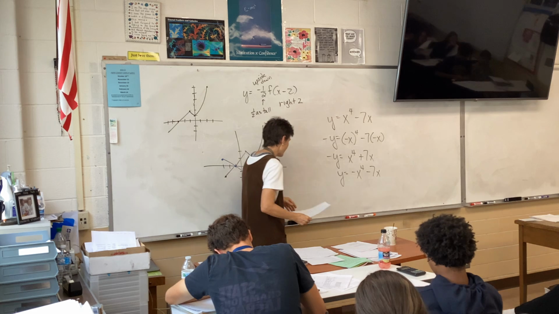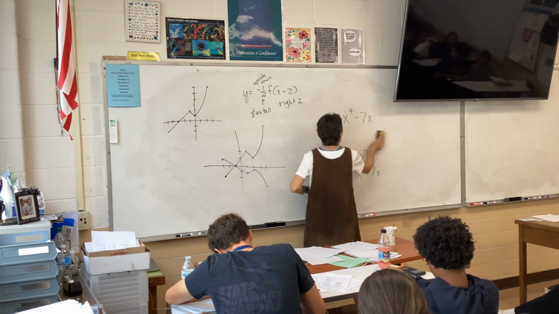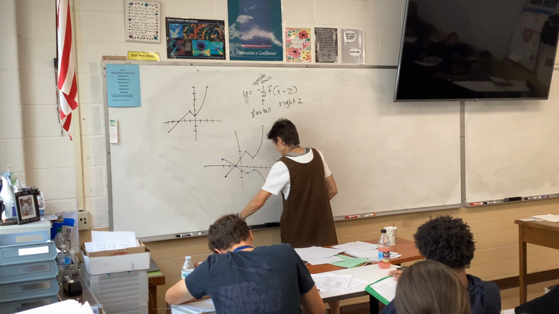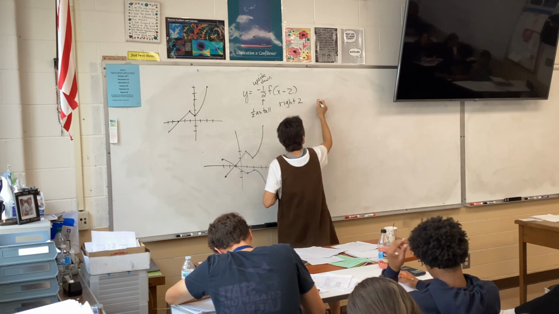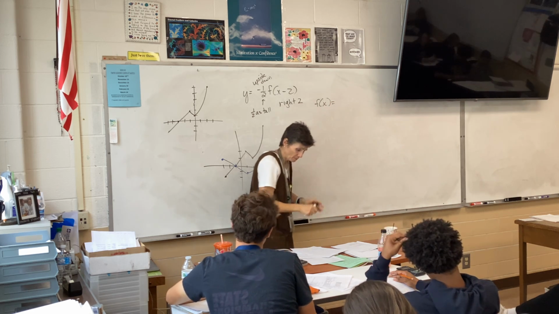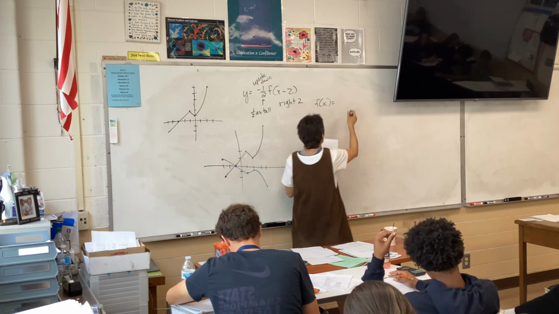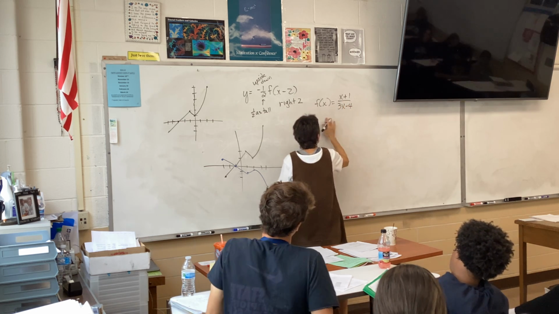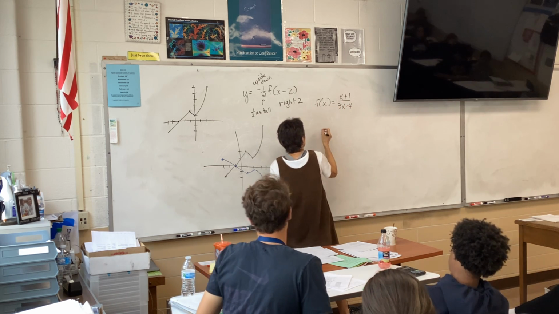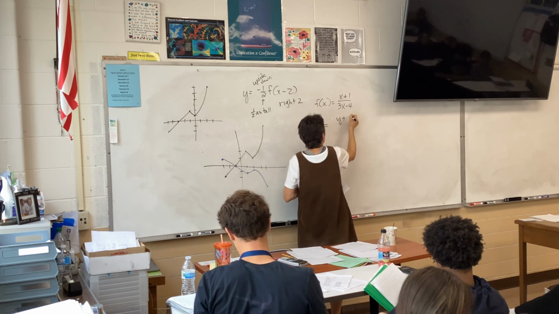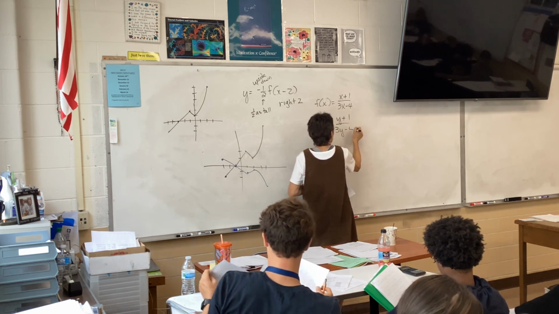All right, gotta find the inverse and find the domain and range of each. Now, okay, you've done a couple of these, folks. What do I need to do to find the inverse? Yep, so this is now going to become x equals y plus 1 over 3y minus 4.